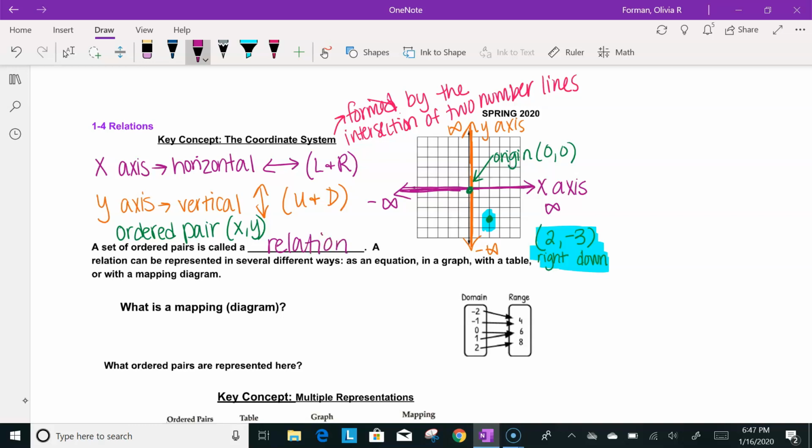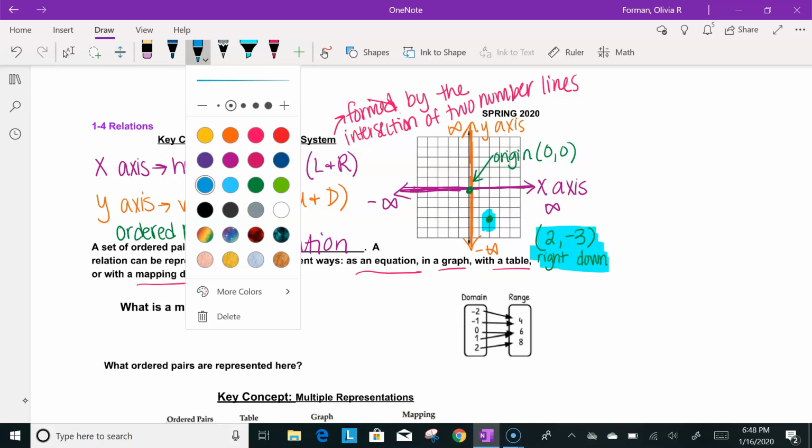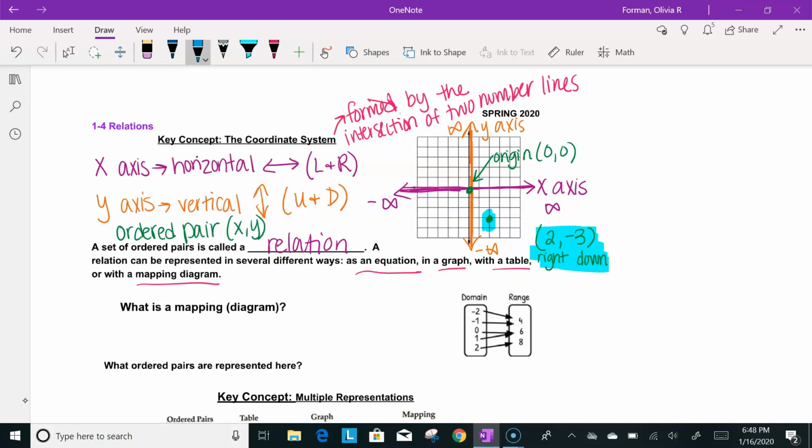A relation can be represented in several different ways. Some ways that we represent it, if you look, it says as an equation, in a graph, with a table, or with a mapping diagram. So probably you're used to knowing what an equation is, what a graph is, what a table is, but you may not know what a mapping diagram is. So the mapping diagram, it says what is a mapping diagram?